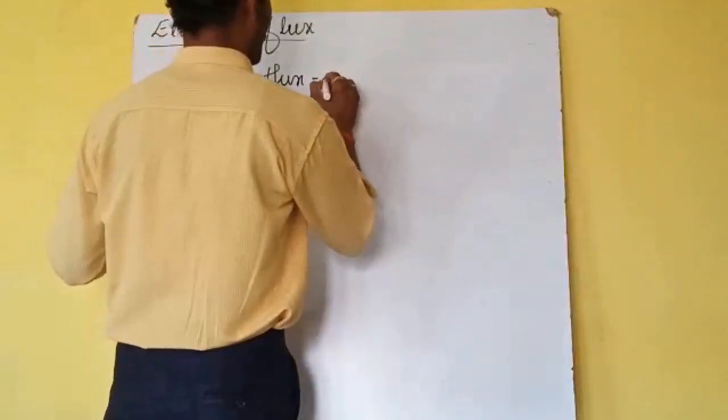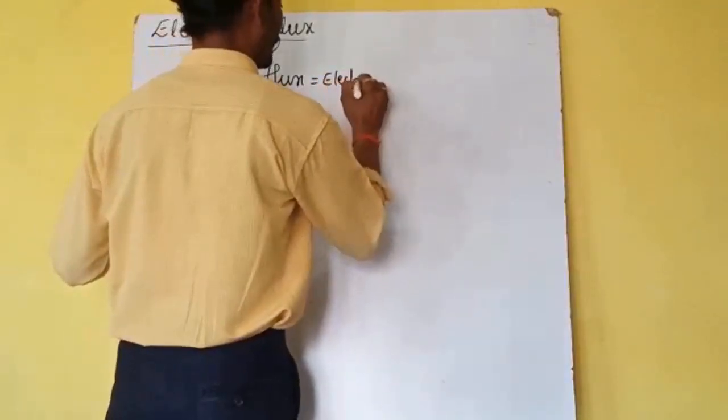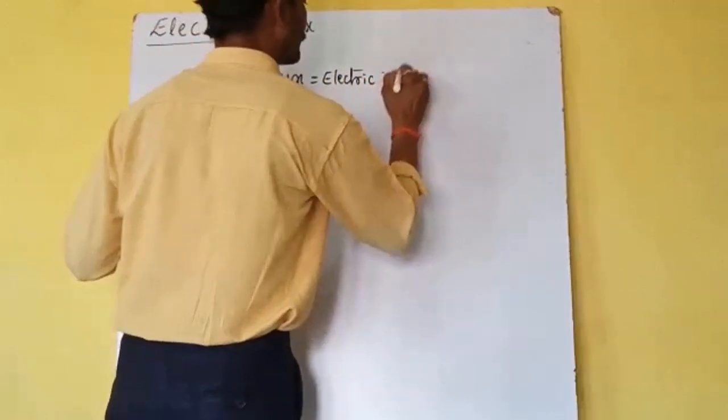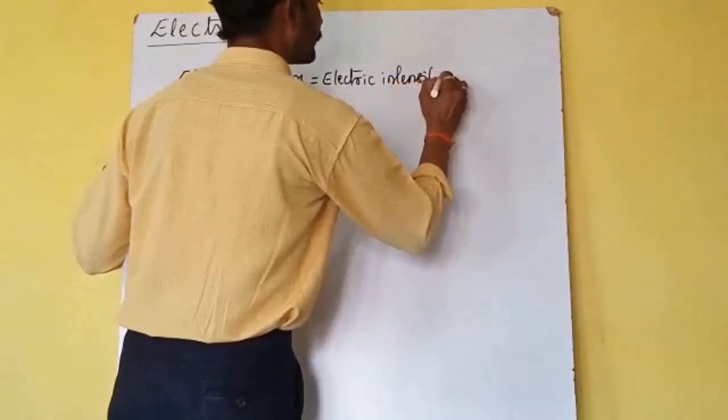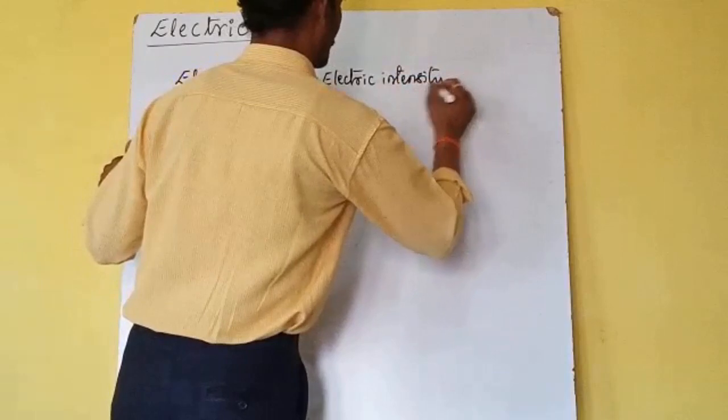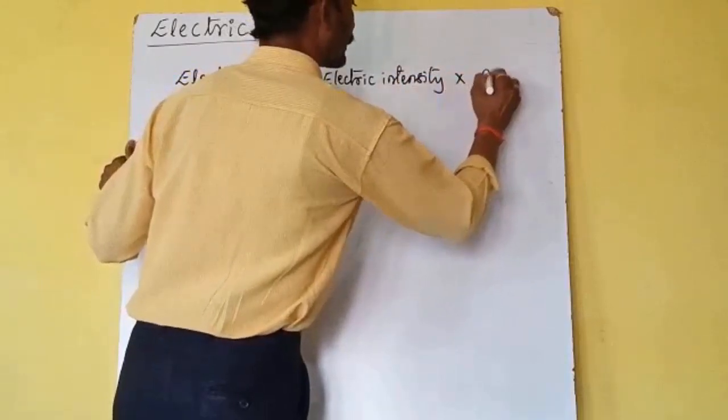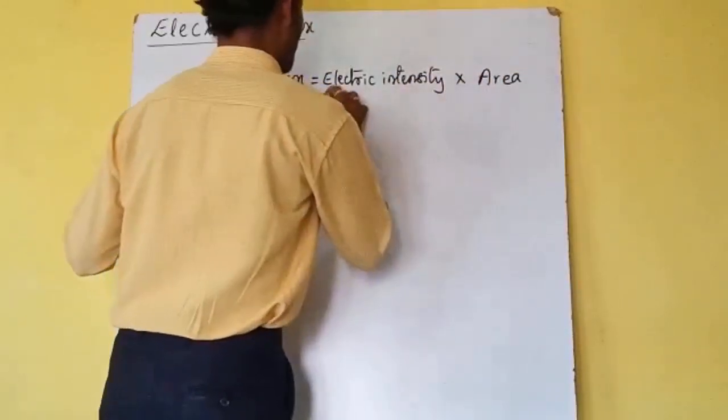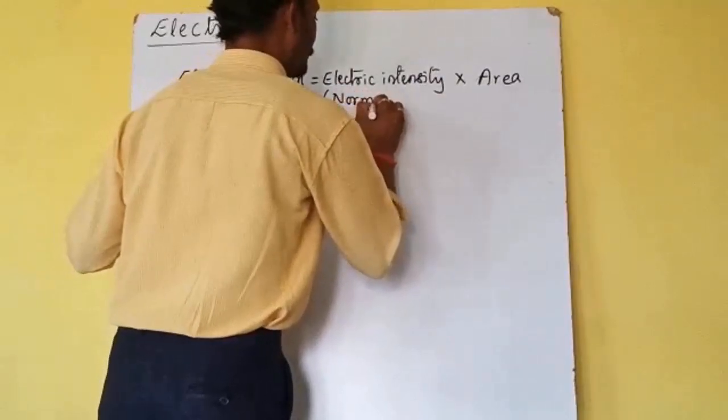Electric flux equals electric field, or electric intensity, into area. It is the normal component.